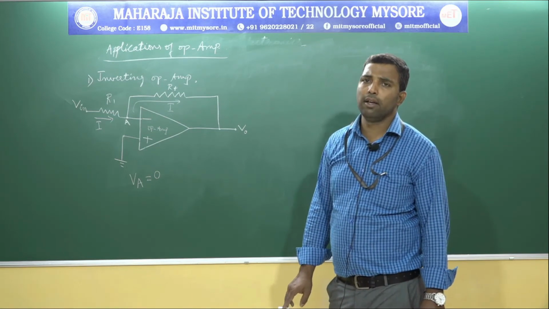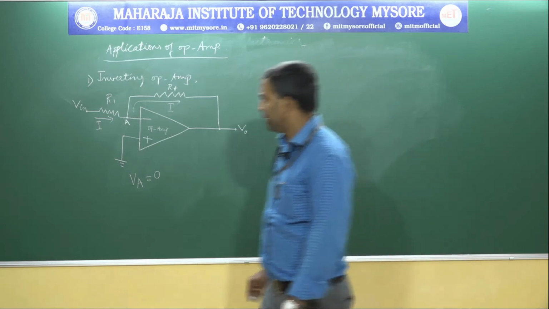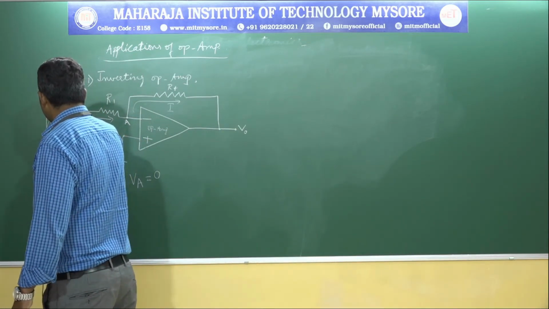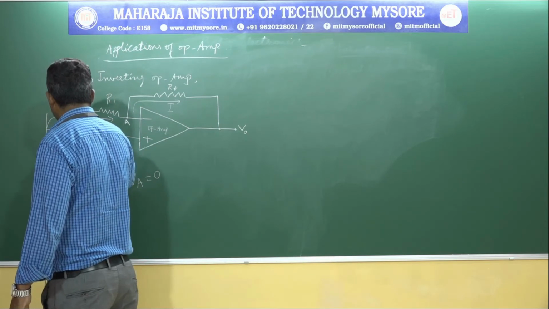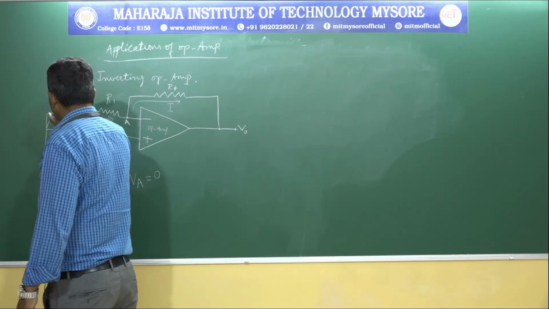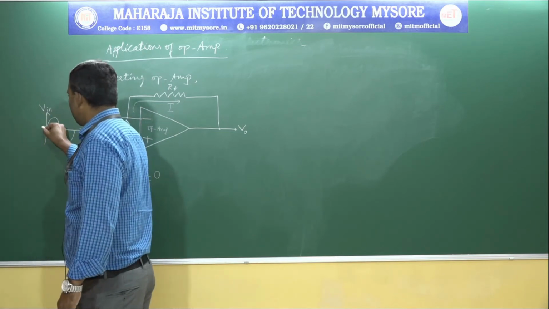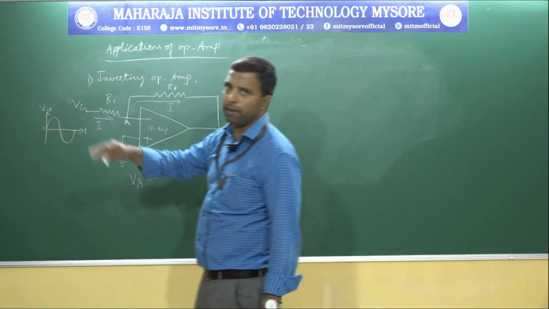Vin is the input voltage we are applying. So let us consider that the input voltage is a sinusoidal wave with respect to time. This is Vin, with 0, pi, 2 pi.